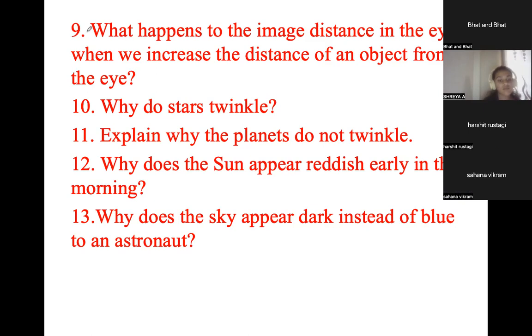Okay, so as an astronaut moves away from the atmosphere, the atmosphere becomes thinner, correct? So due to the absence of dust particles or air, the scattering of light will not take place.